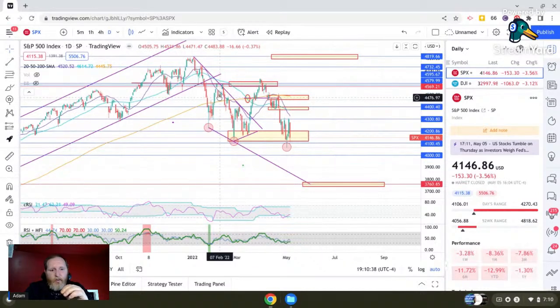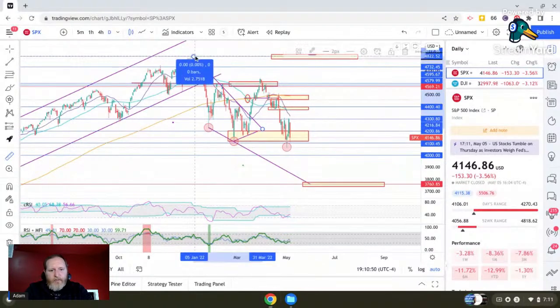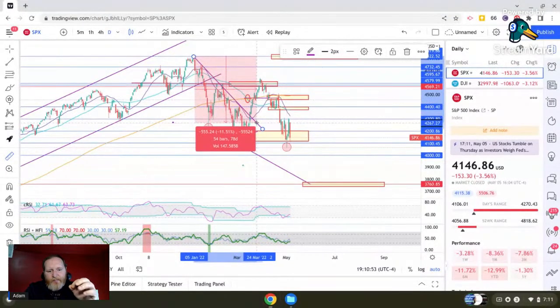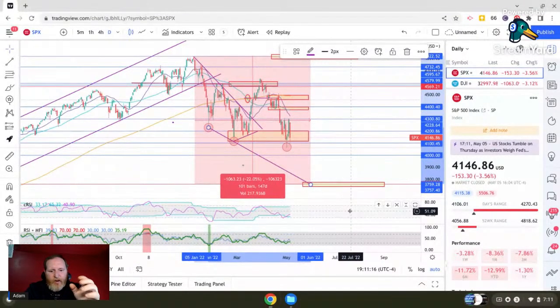All I did was go from the high that was set on January the 4th of 2022, and then I dropped down 20%. Right there at 20%. And you can see this purple line that is going diagonally down matches right up in that corner. That's where I believe the S&P 500 is going over the next 3 to 6 months.